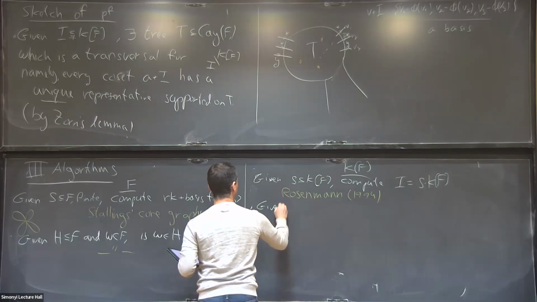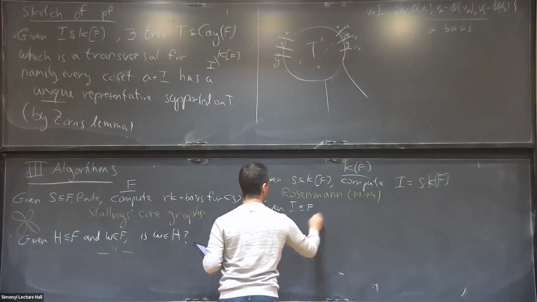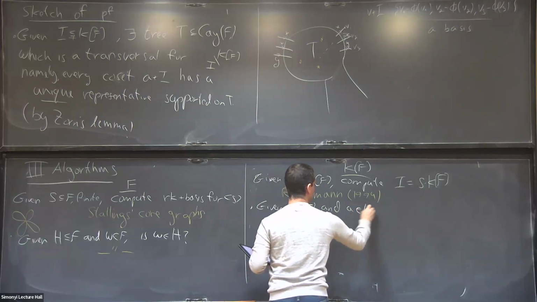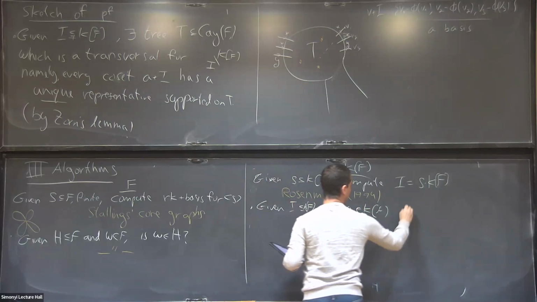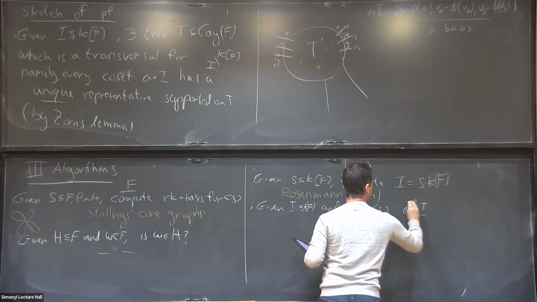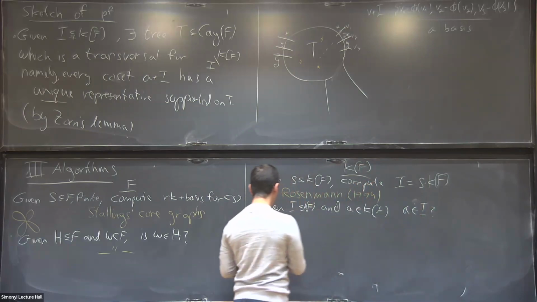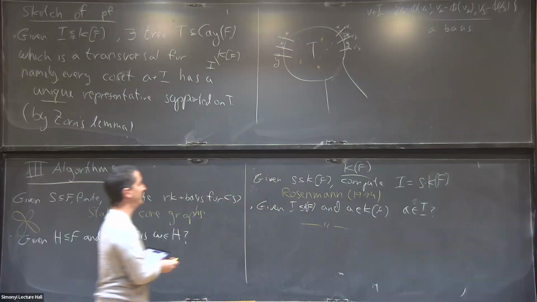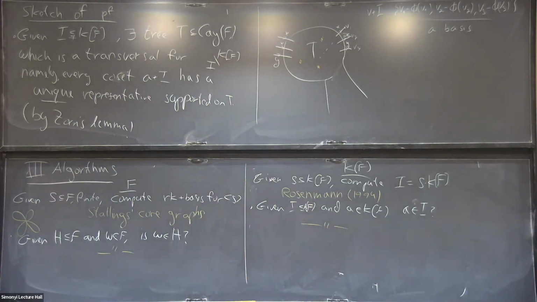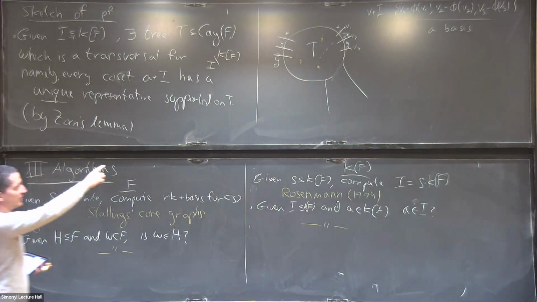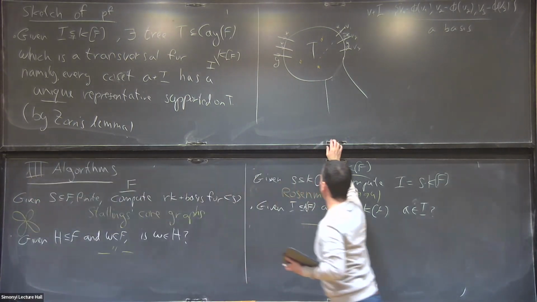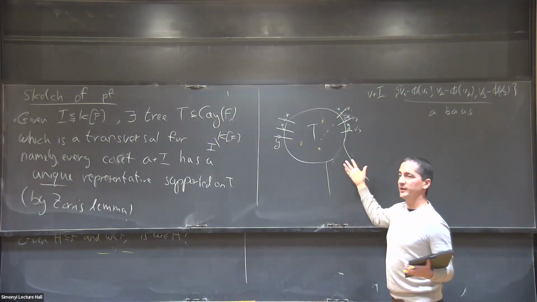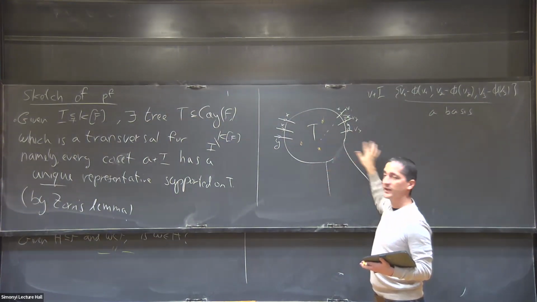And here also you get the same. So again, given I, is an element in I? And again, this is the algorithm of Rosenman. This is what I meant to say a minute ago. If you have such a tree, if you have such a basis for your ideal, any element is just some points on the Cayley graph.